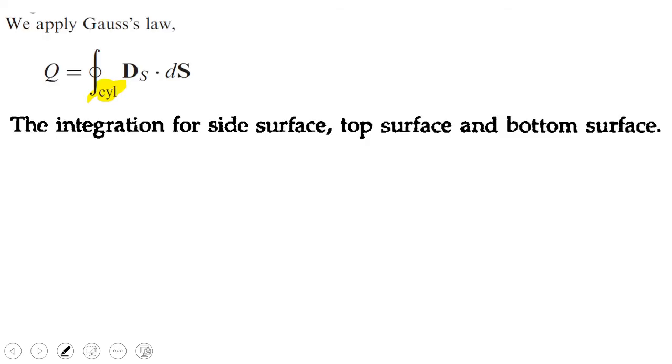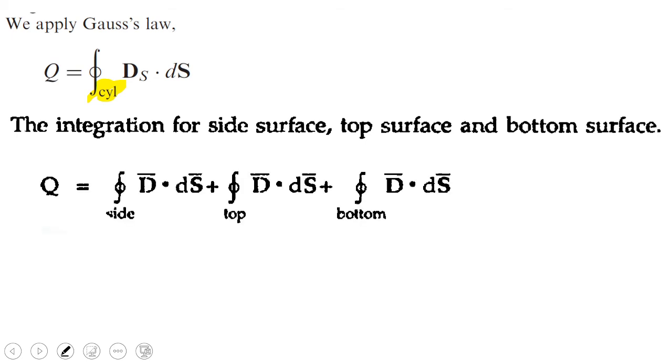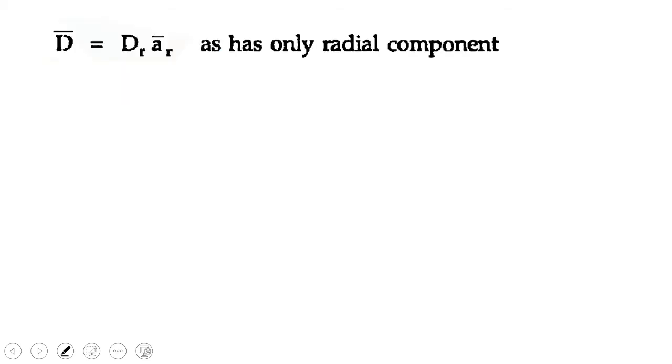So the integration over the full cylinder is the integration over the side surface, top surface and bottom surface. We will split the integration and write for each surface separately. First we write for side, top and bottom. Next, we will see about the side.